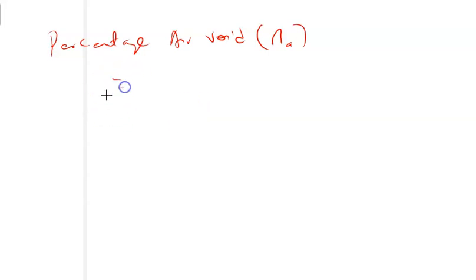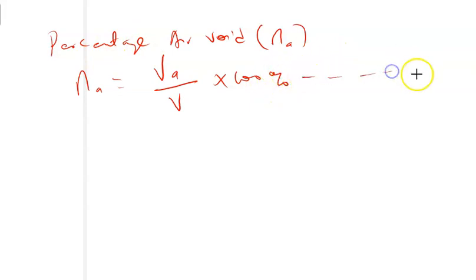So we're talking about NA is the volume of air over the total volume, expressed as a percentage, so 100%. So this becomes our equation 6, VI.